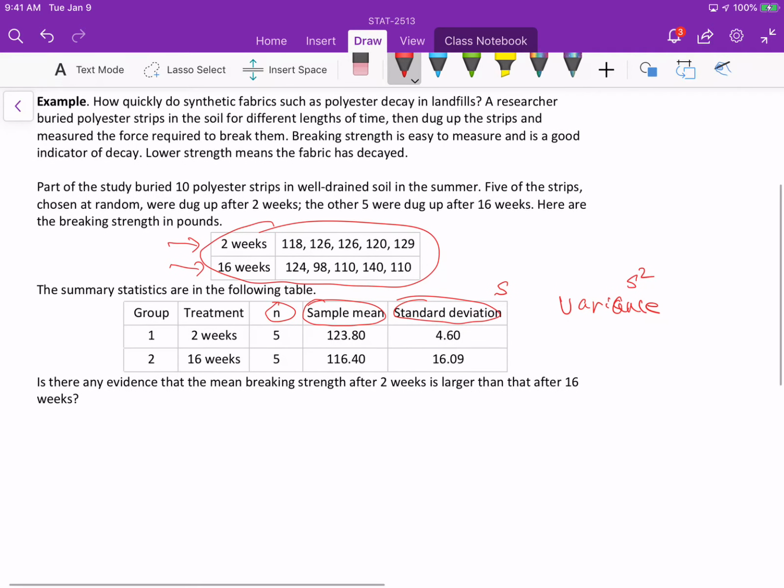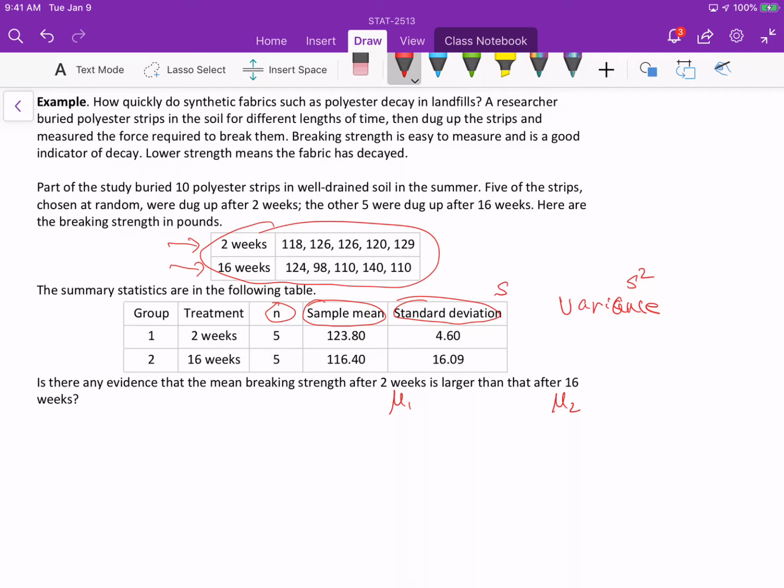Is there any evidence that the mean breaking strength after 2 weeks is larger than that after 16 weeks? If we denote this as mu1 and this as mu2, what we want to find evidence for is mu1 greater than mu2.